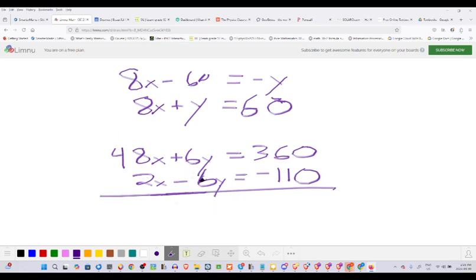Had you multiplied by negative 6 and subtract them, then all these would be negative. We'd have the same final result. The 48x plus 2x makes 50x. The y's cancel by design. They're eliminated. That's what elimination is all about. And 360 minus 110 is 250.